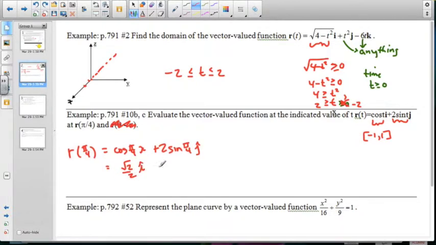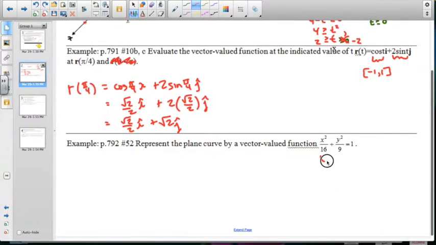So square root of 2/2 i plus 2 times the square root of 2/2 j. So doing the math here, we get square root of 2/2 i plus the square root of 2 j as the vector at pi/4.